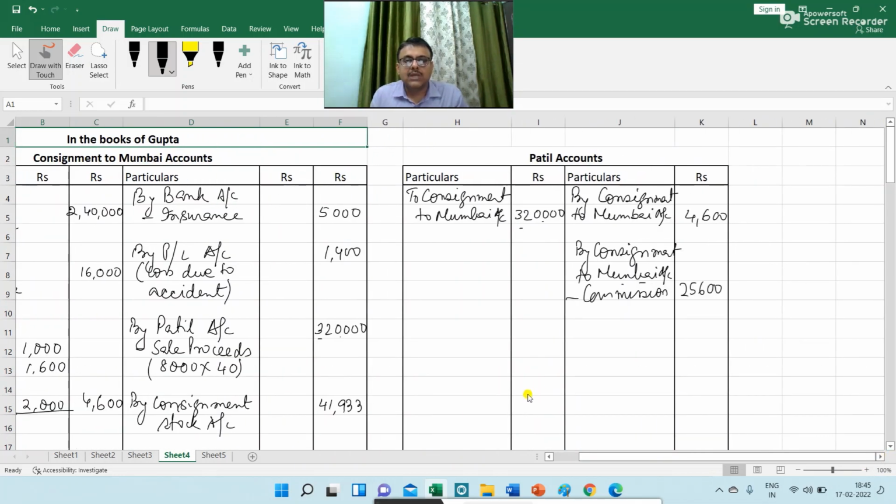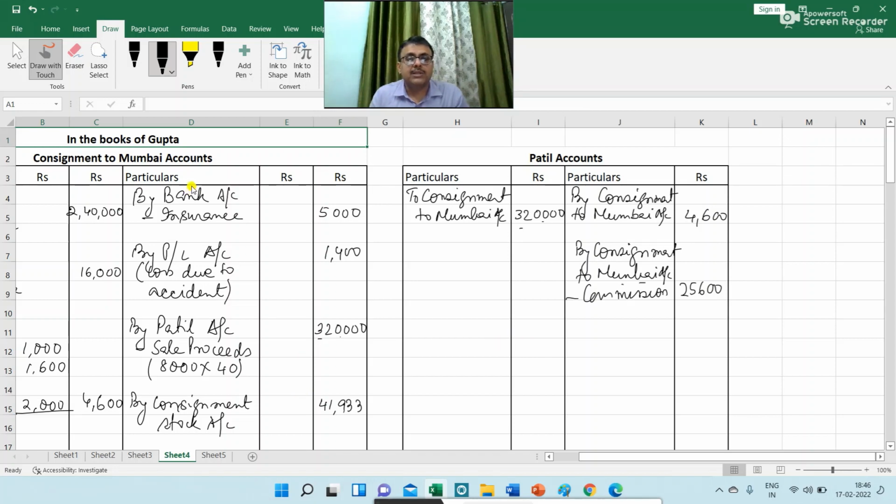Now from Patil account, I will try to find out what is the amount which is to be received from Mr. Patil by the consignor, Mr. Gupta. Mr. Patil has received the consignment and he sold the goods for 3,20,000. So this 3,20,000 has to be remitted to the consignor, Mr. Gupta. But out of the sale proceeds of 3,20,000, Mr. Patil has incurred 4,600 the amount of expense and 25,600 is the amount of commission. So these two amounts will be retained by Mr. Patil and the rest of the amount will be sent to Mr. Gupta.